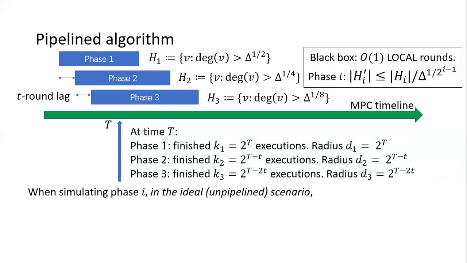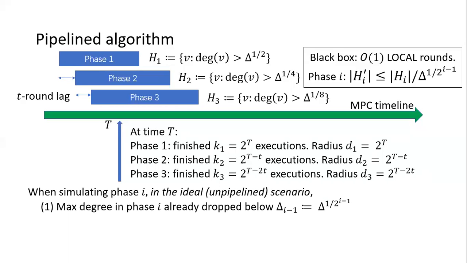The most technical part is to control the global memory. In the ideal scenario where there was no pipelining, we've already seen how to do that. In the ith phase, the max degree is at most delta_i minus 1, which is delta to the 1 over 2 to the i minus 1.